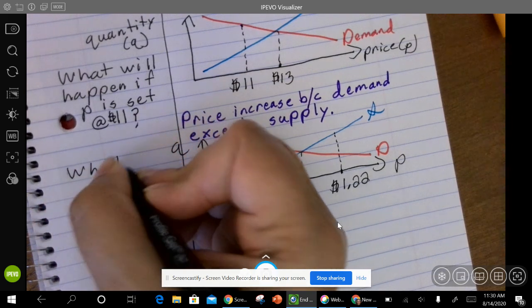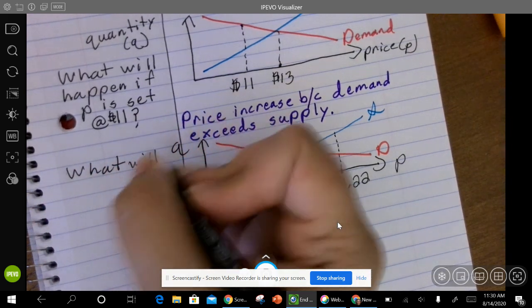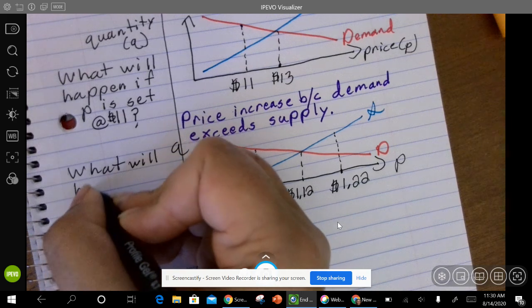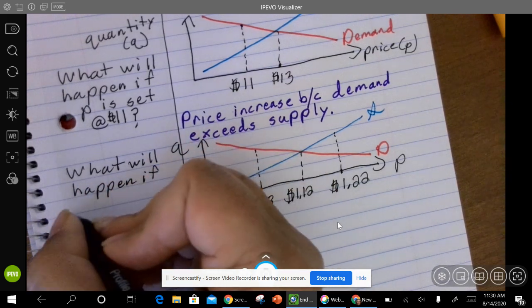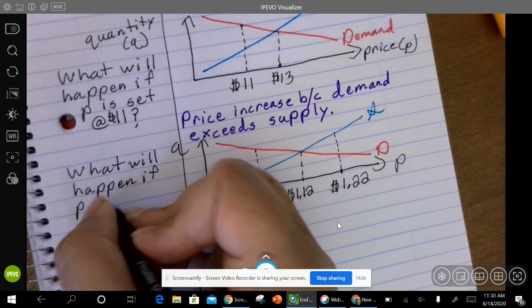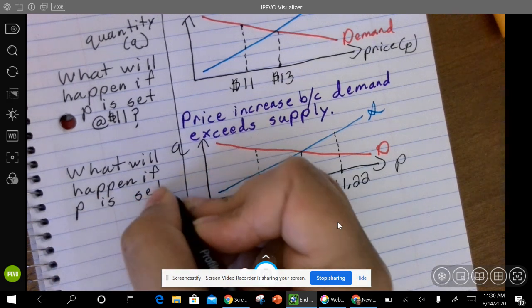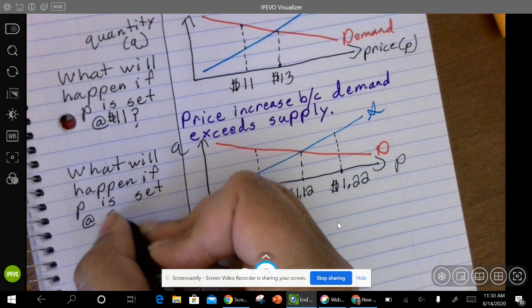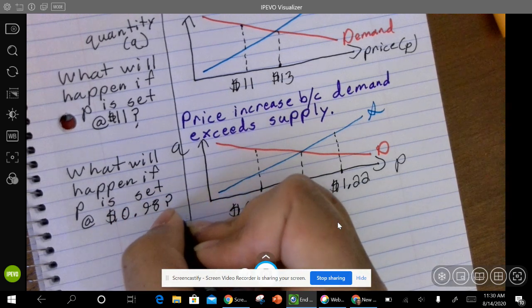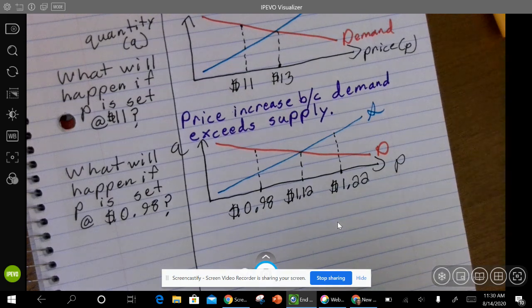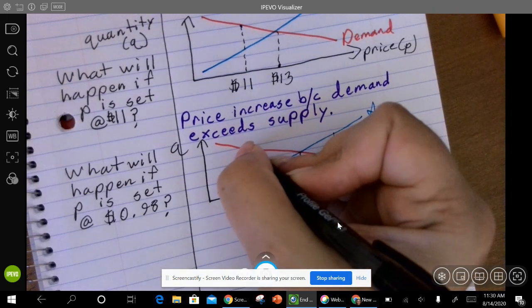Okay, so what will happen if the price is set at $1.98? Okay, so at $1.98, everybody, we look over here.